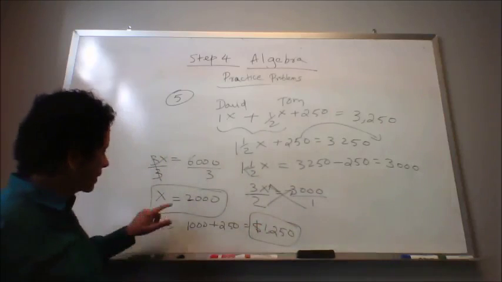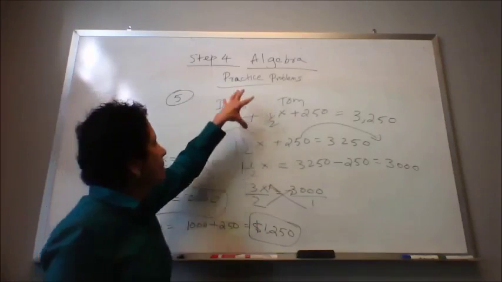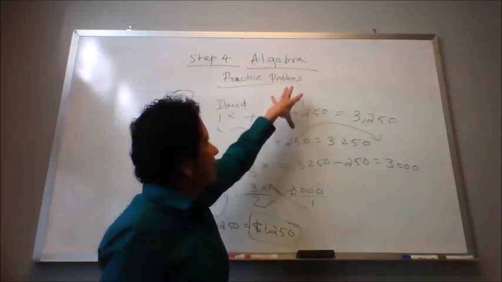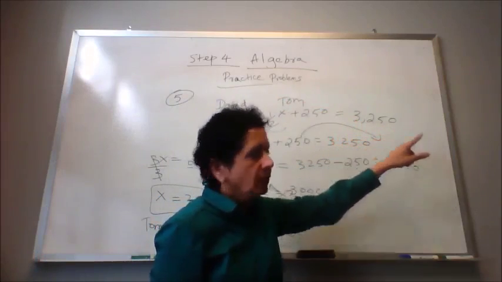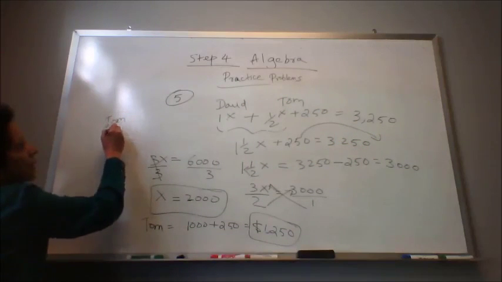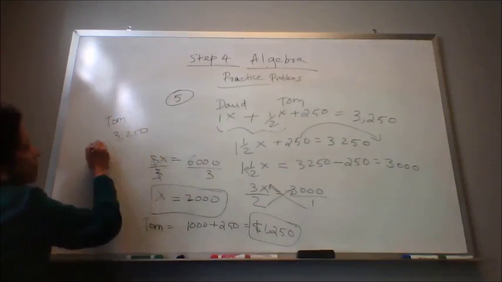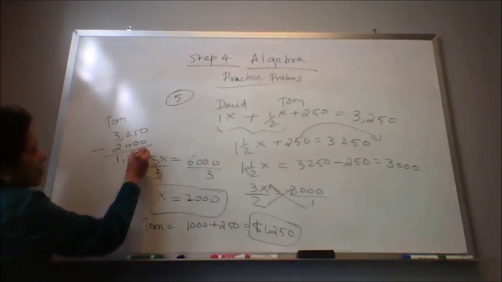The other way is, David's salary is exactly $2,000, but David's and Tom's together is $3,250. So Tom's salary is going to be 3,250 minus 2,000, right? So then I get $1,250.